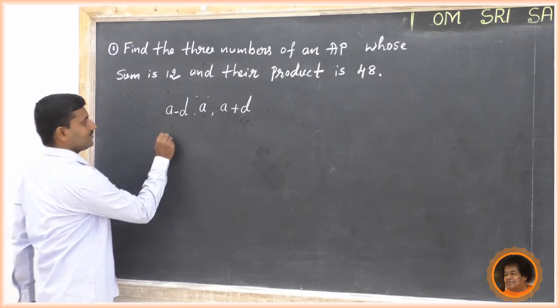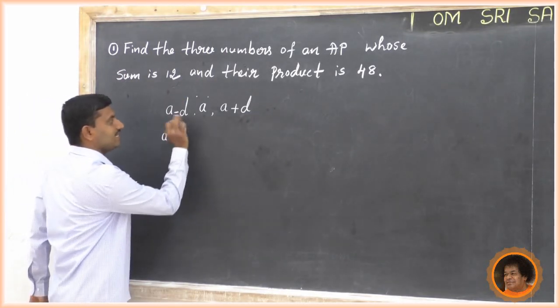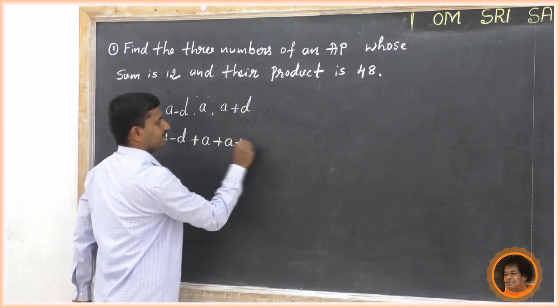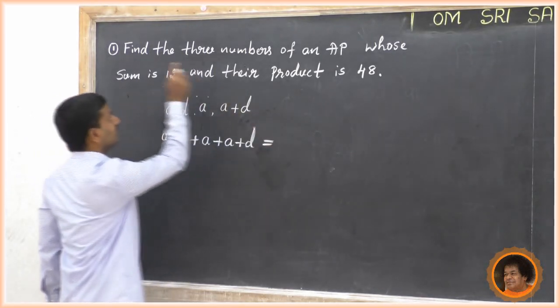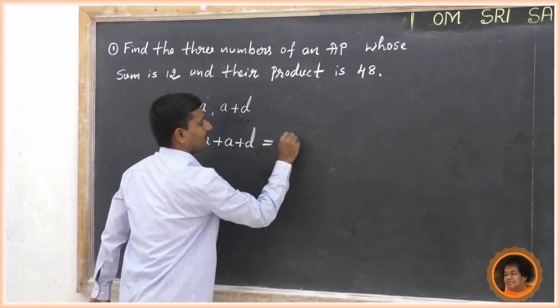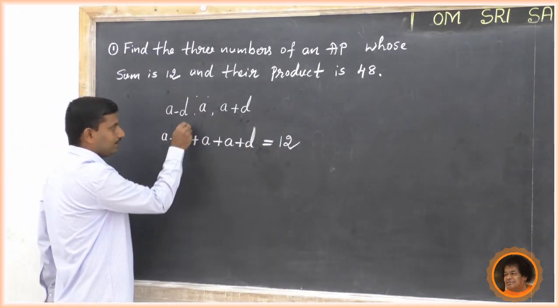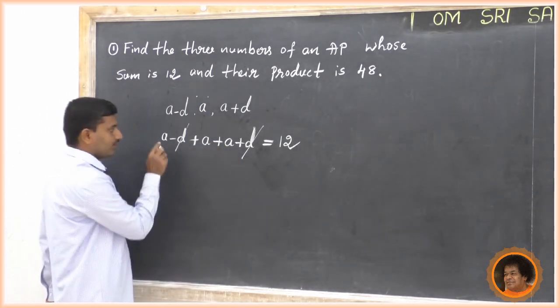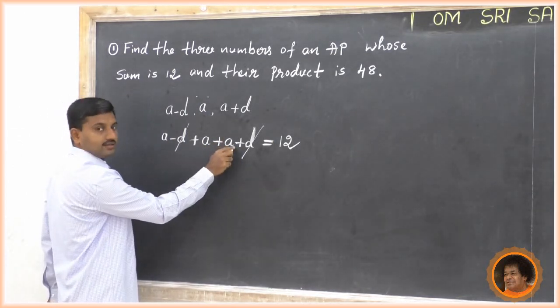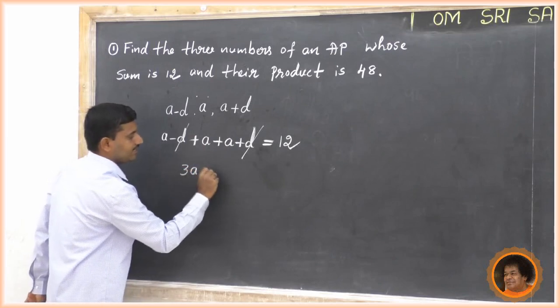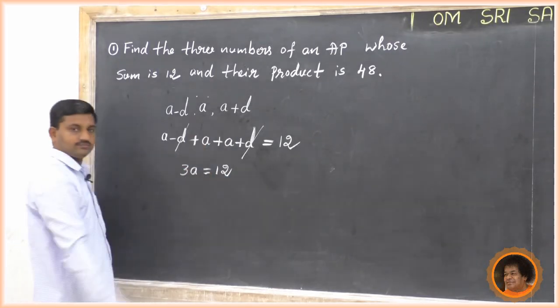Sum means a minus d plus a plus a plus d, which is equal to 12. Here minus d plus d becomes 0, and a plus a plus a, the like terms, gives 3a equal to 12.